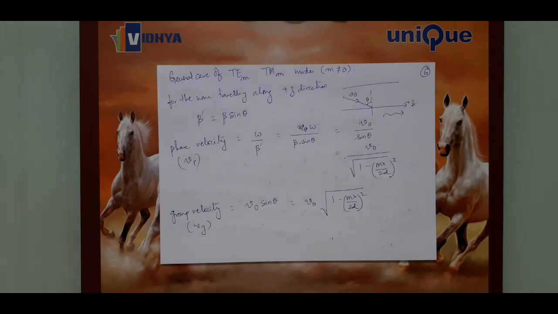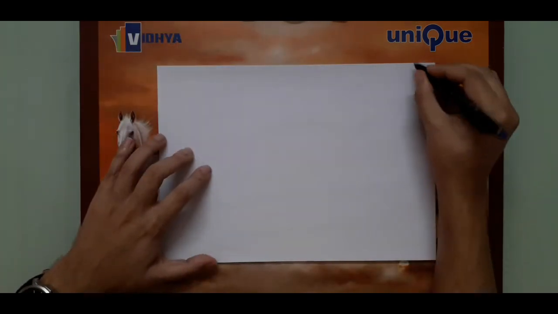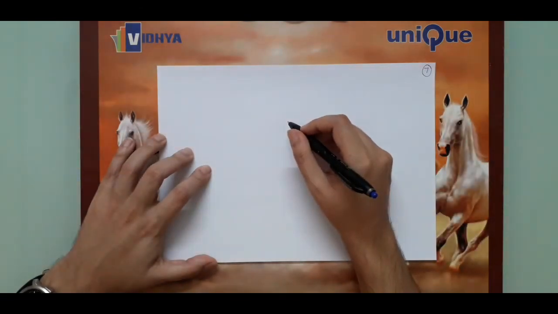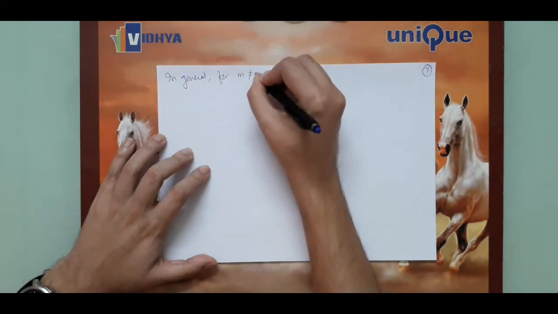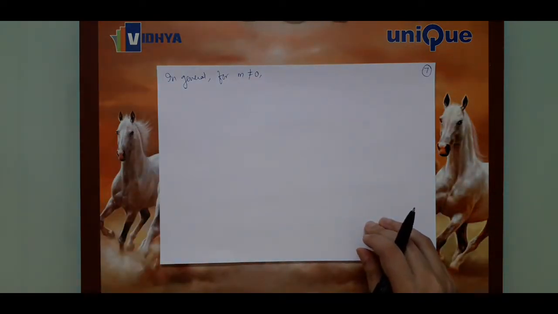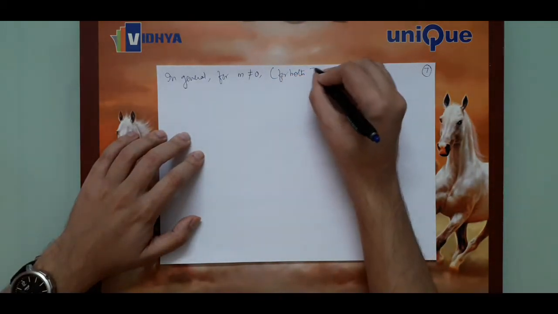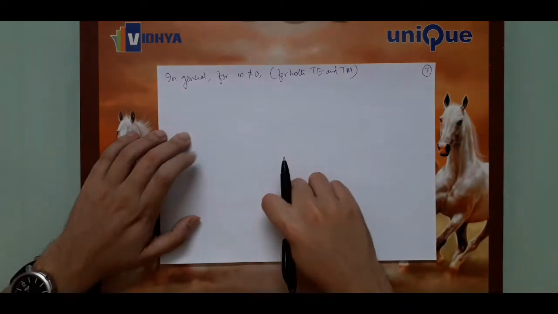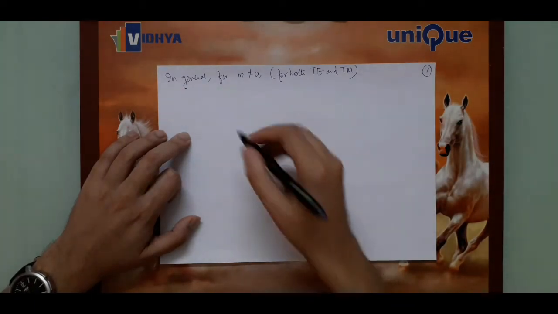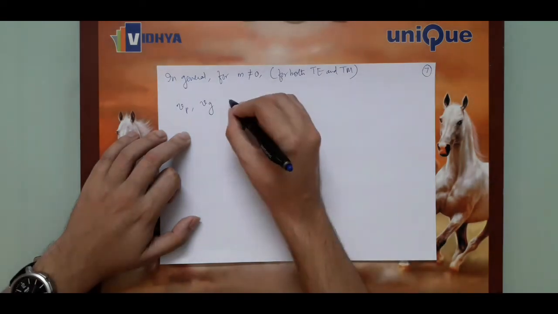Now, what do we notice? What we are noticing is that in general, for m not equal to 0, for any mode m, for both TE and TM, the phase velocity and the group velocity depend on a lot of things.